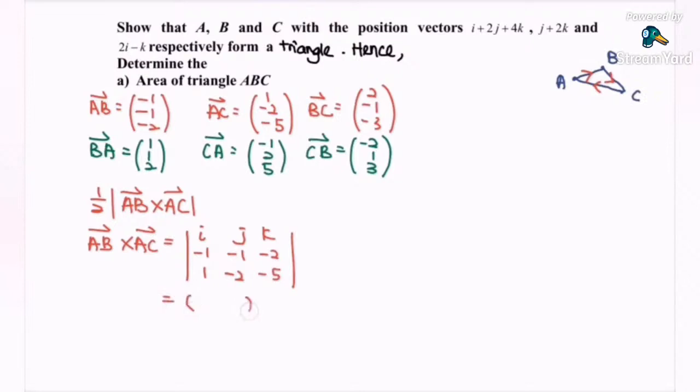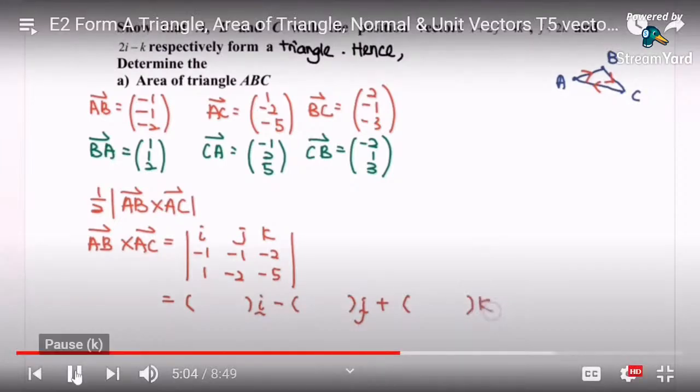So kindly fill up the situation where we have I minus J plus K. Okay, so in order to find the area for the triangle ABC, the formula for the area of a triangle will be equal to 1/2, we have a modulus for the vector AB cross AC.